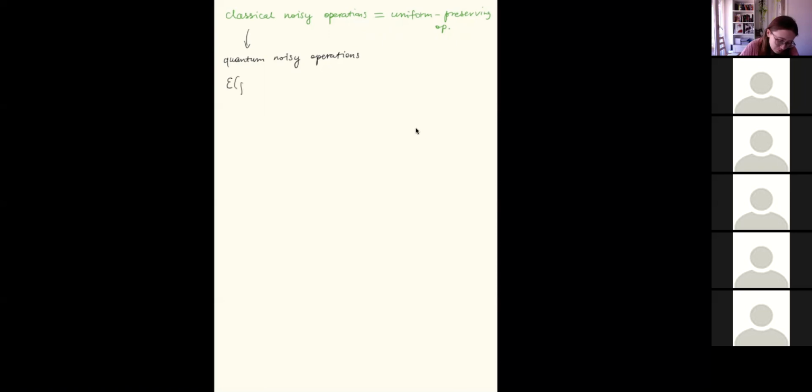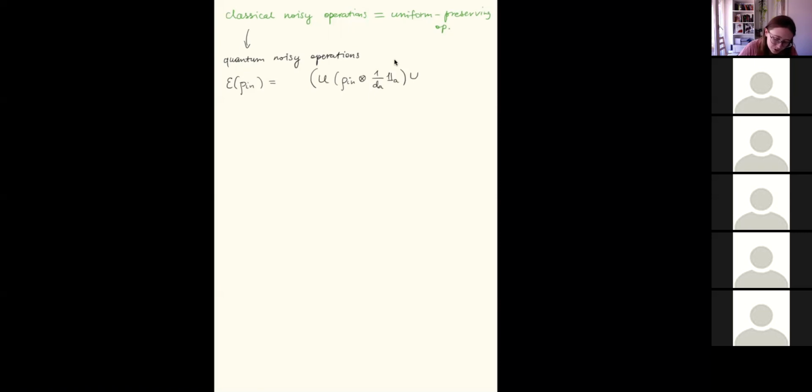So we have this operation epsilon, which is a trace preserving completely positive map, which acts on the incoming state rho in. The action is as follows. First we couple it to the maximally mixed state of some dimension, the ancilla.